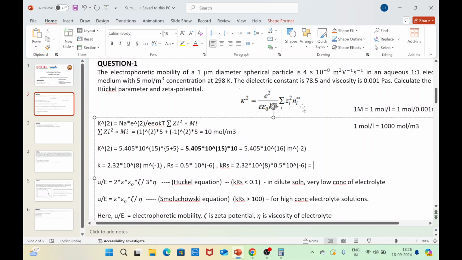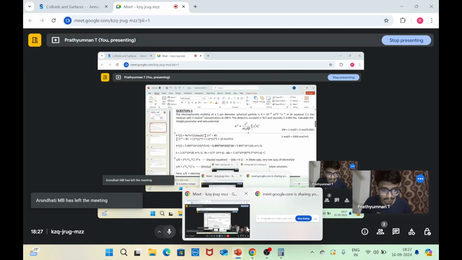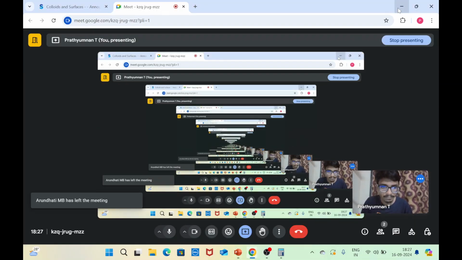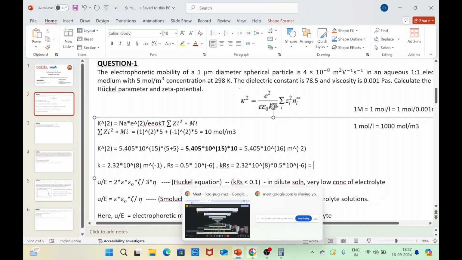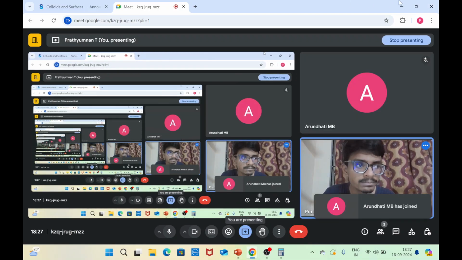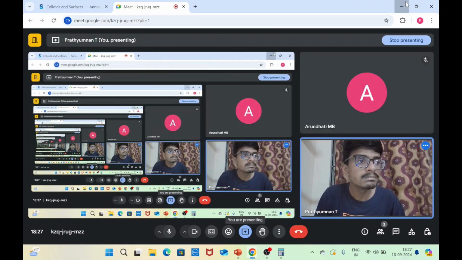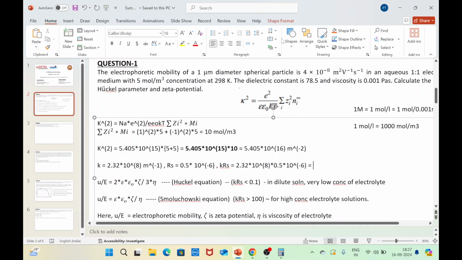Yes, what is the value of K times RS? Yeah, so that value is 116.